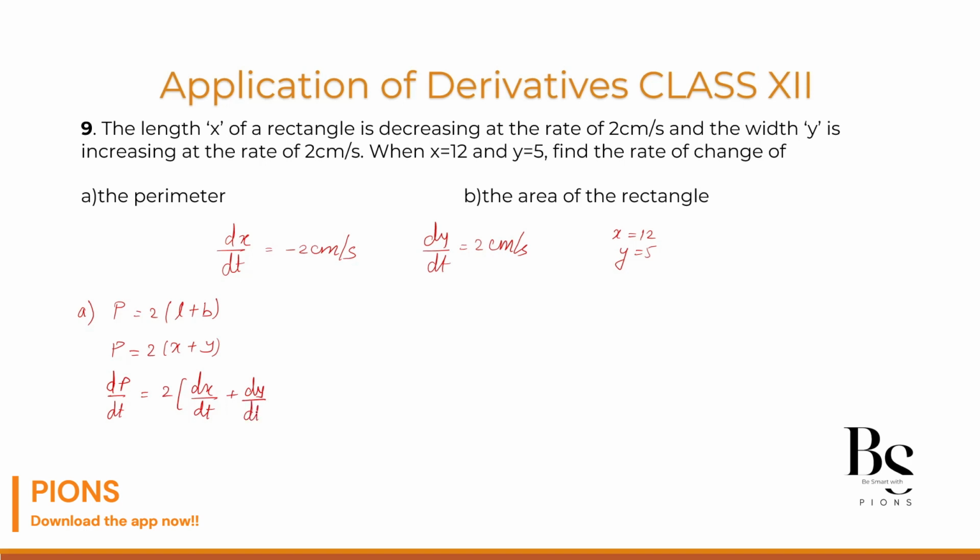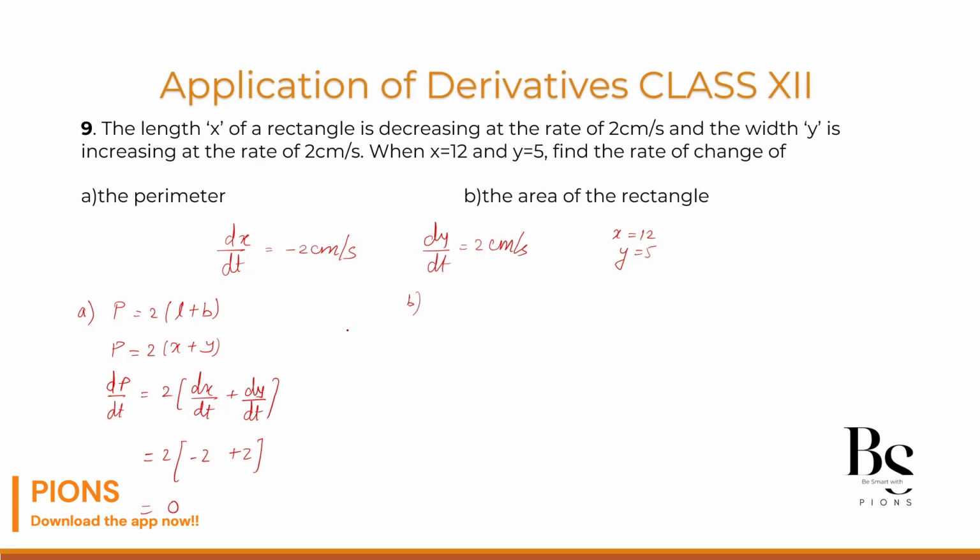Derivative of y, dy by dt. Now here it will be 2 times. What is dx by dt? Minus 2. What is dy by dt? Plus 2. Correct? So minus 2 plus 2 became 0. Clear? So how is the perimeter changing? It's not changing with respect to time. It's fixed, because the length is decreasing and the breadth is increasing at the same rate.